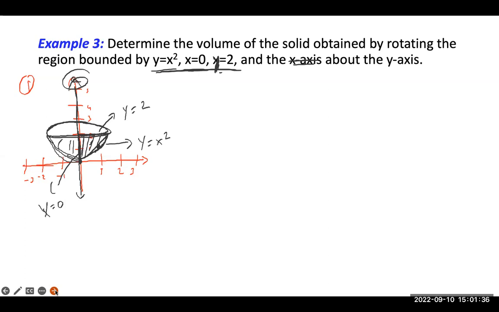Now remember, with the disk method, we always cut perpendicular to the axis of revolution. So if my axis of revolution is vertical, we're going to cut this way. Our knife is going to come horizontally.